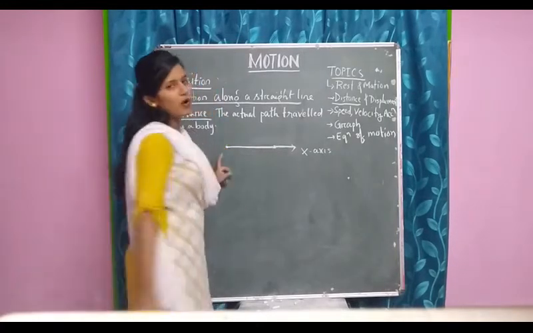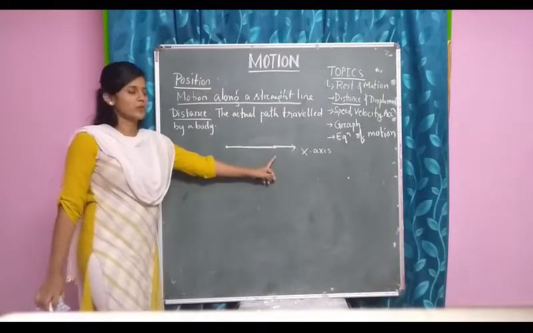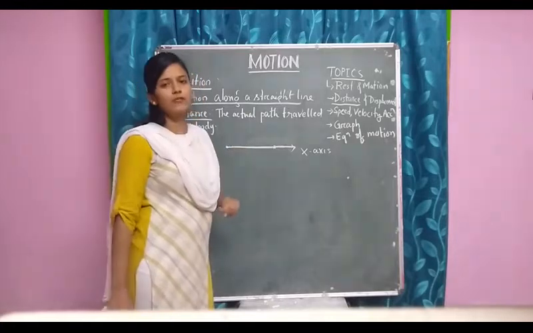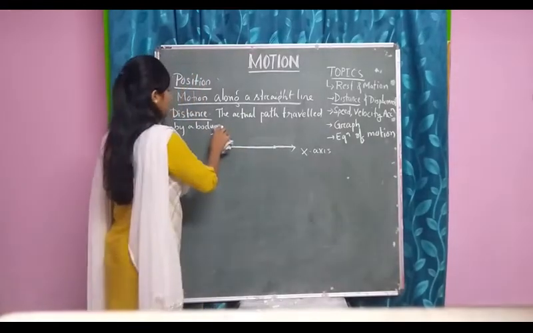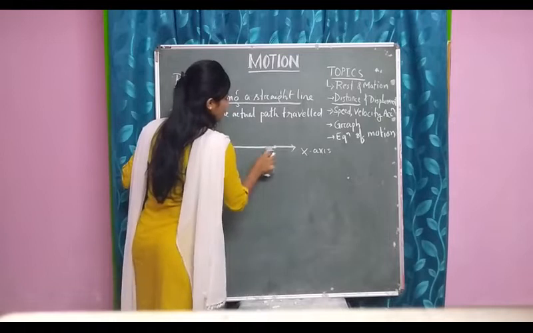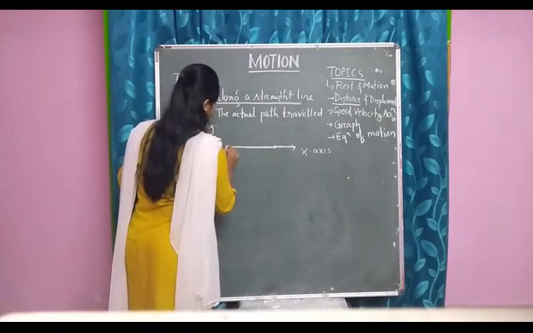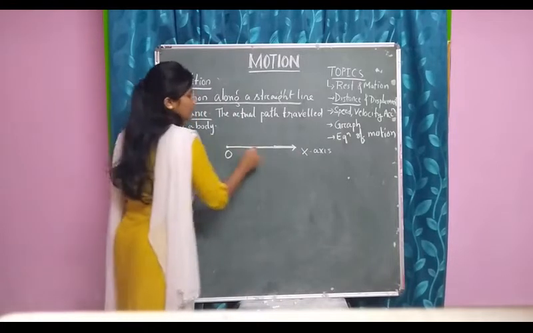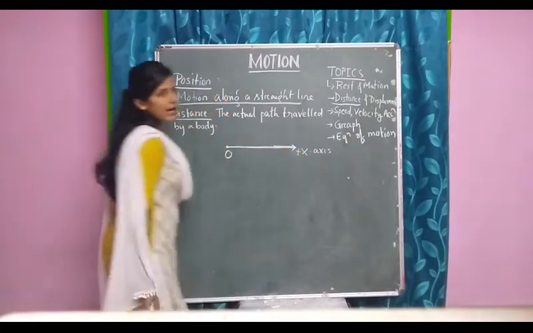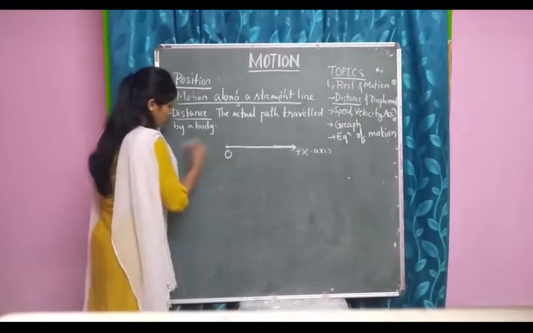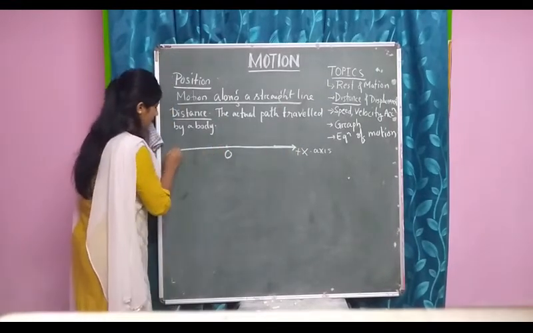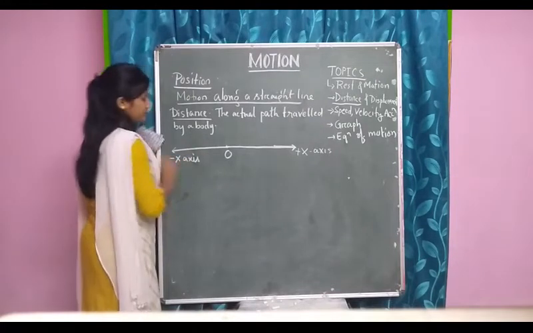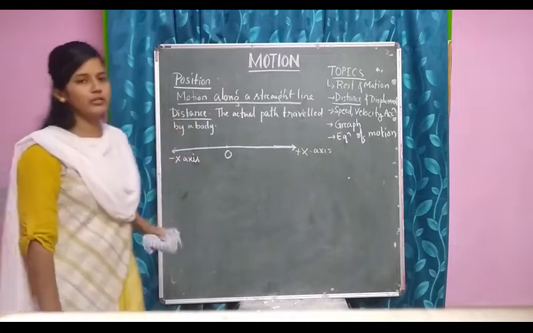Since a body will move in a straight line, we will now represent the motion of a body in a straight line, and we have to define our coordinate system. Suppose this is the origin, this is our positive x-axis, and towards the left of O we have the negative x-axis. So first let us go for distance.